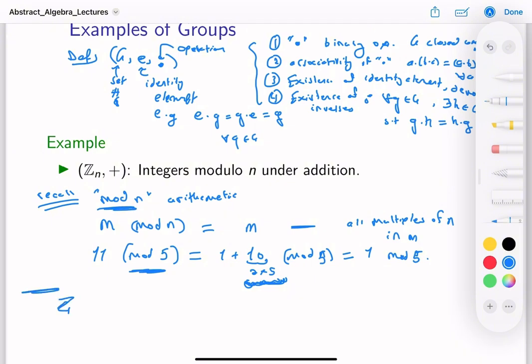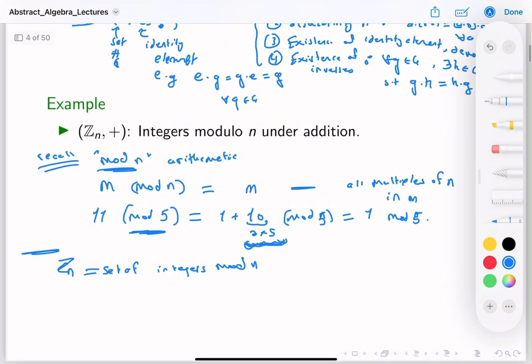So Zn is the set of integers modulo n. Now, when you take all the integers and you reduce them modulo n, you will be left with the set 0, 1, 2 up to n minus 1, because all other elements we can reduce by taking away multiples of n, and we can reduce them back to this set.